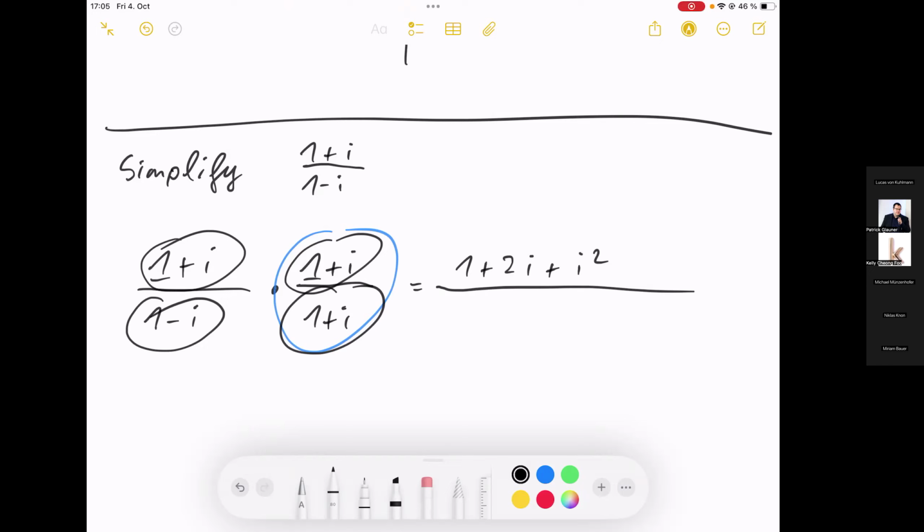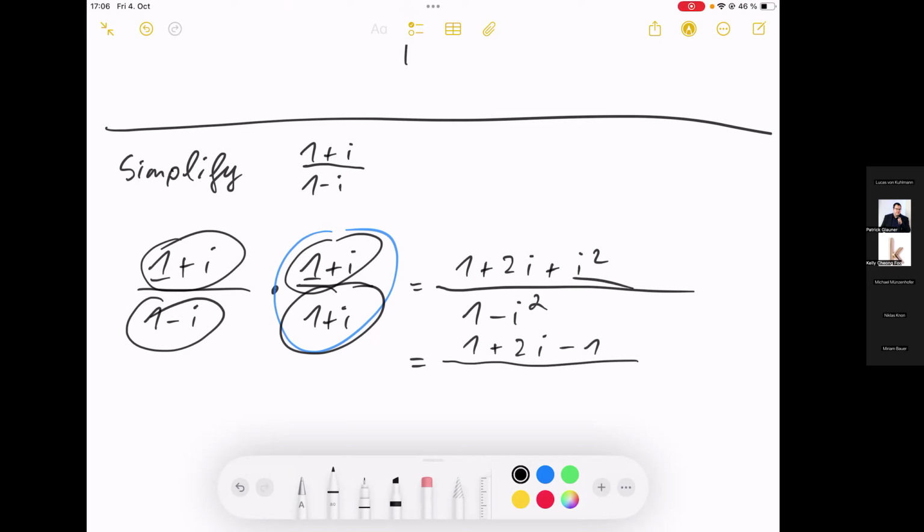Whether it's a complex number or not doesn't matter. It's just elements. We're dealing with numbers or symbols. So it's 1 squared minus i squared, because it's 1 minus i times 1 plus i. So it's just a squared minus b squared. Now I can try to simplify this, because we see in the numerator, it's 1 plus 2i, and here we have this i squared, so it's minus 1.